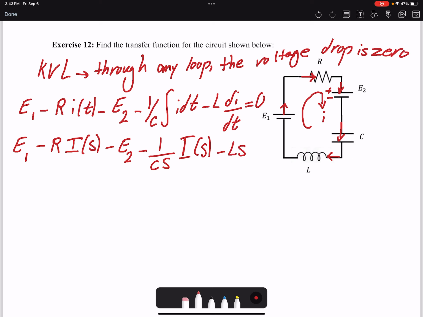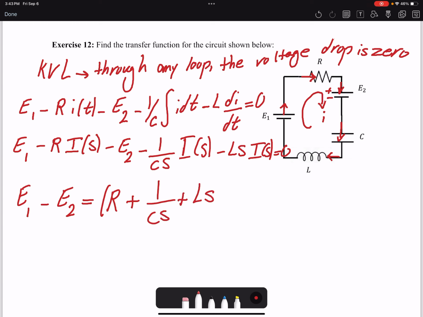The derivative will give me an s. It equals 0. Rearrange it. E1 minus E2, take everything to the other side. I will have R plus 1 over Cs plus Ls, times I(s).